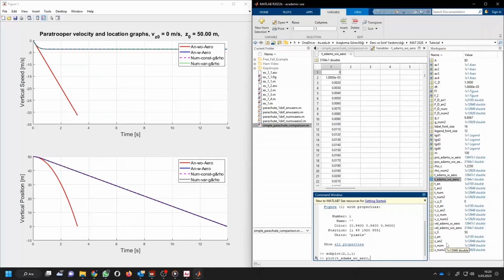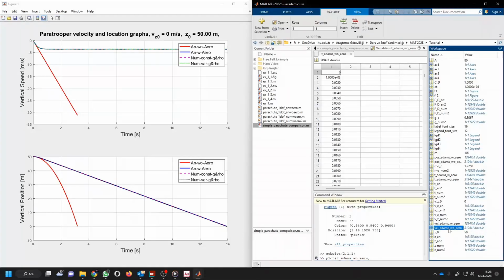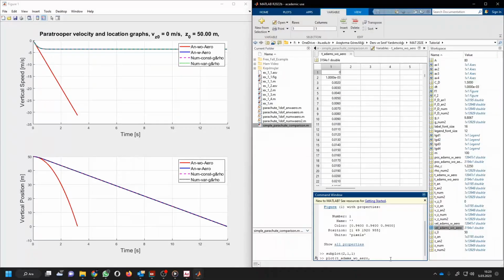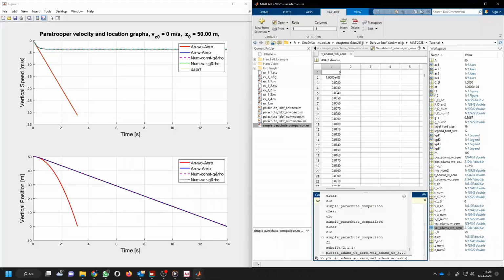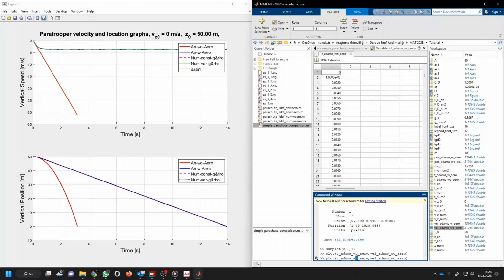And velocity_adams without aero. Use this. Okay, it has been added here. Again, plot here t_adams with aero and velocity_adams with aero on the same plot, on the same graph. Okay.